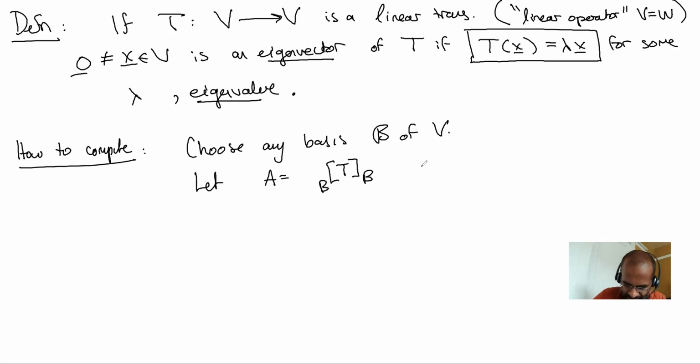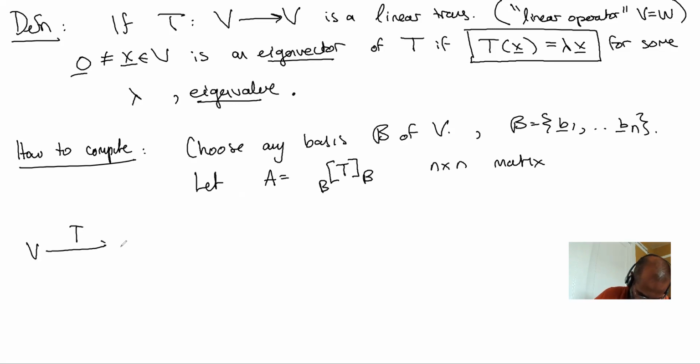So this is now a square matrix, right? This is an n by n matrix. So assume V has dimension n, so assume there are n elements in this basis. And now, according to the usual correspondence principle reasoning, we have T going from V to V, but now you have this basis, and you can turn everything into a question about Rn.